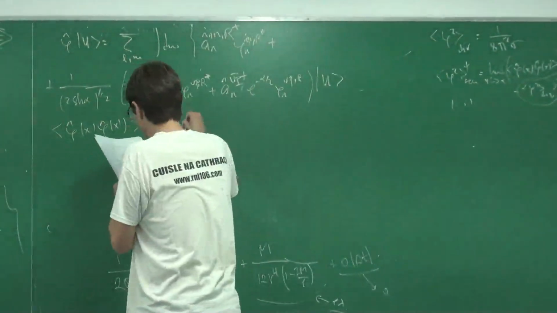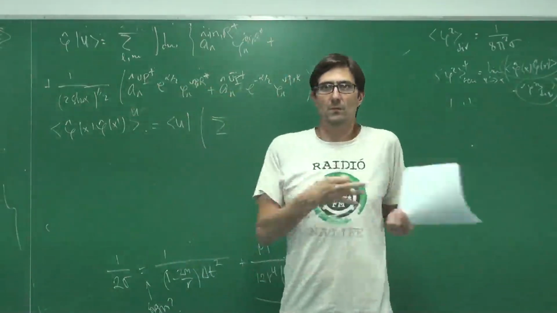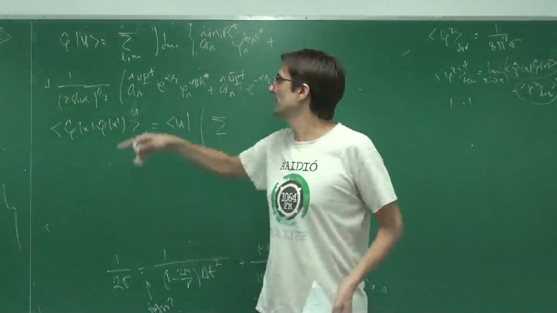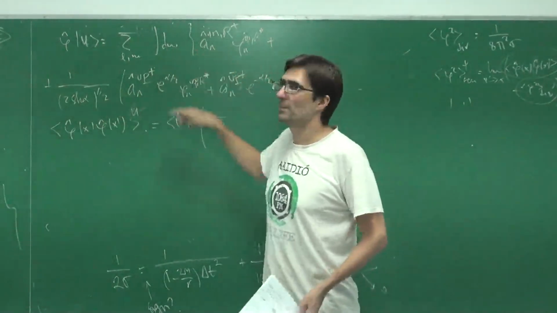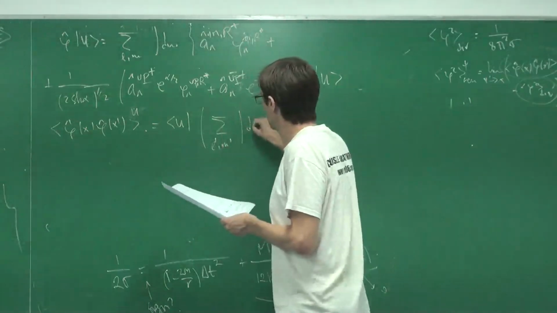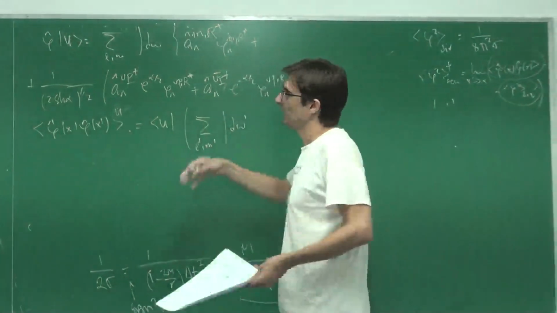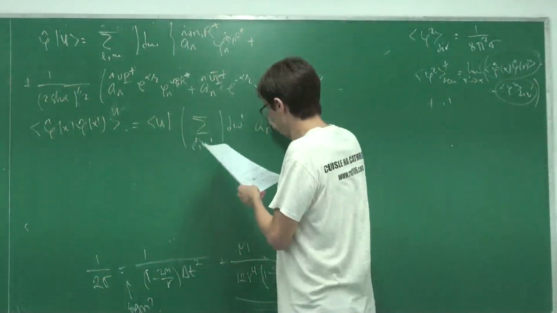Okay, so we have phi of x and phi of x prime. The indices corresponding to x prime, the first one, I'm going to call them primes. So this is a sum over L primed, M primed, omega primed. The integral over omega is always between 0 and infinity, so I'm not even writing that out anymore.